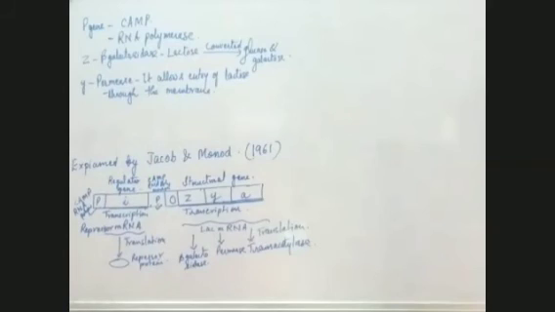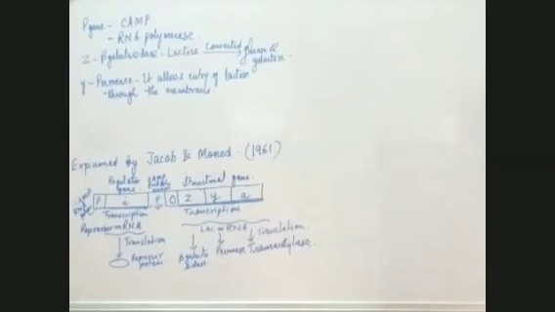And how will the lactose enter the bacterial cell? The bacterial cell has to digest lactose, so lactose has to enter the bacterial cell. It will enter only by this enzyme, which helps in the entry of lactose into the bacterial cell. This enzyme is produced by the Y structural gene.